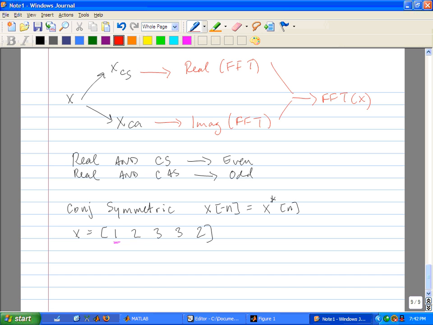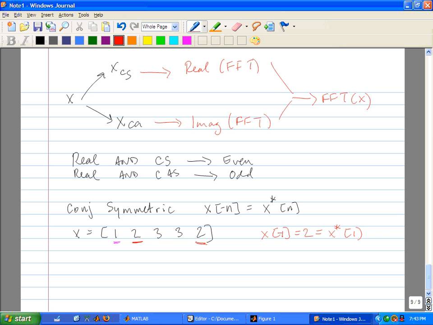Now let's say x of 1 and x of negative 1. Well, x of negative 1 equals 2, which in fact is the conjugate of x of 1. If I give you the number 2 and ask what's its complex conjugate? It's 2, right? So that's why this works. It's conjugate symmetric and it's even because it's real.